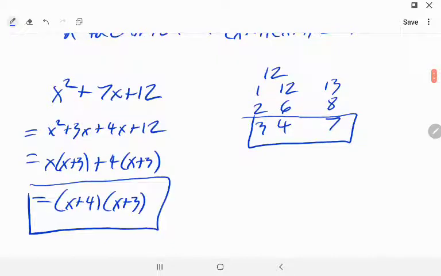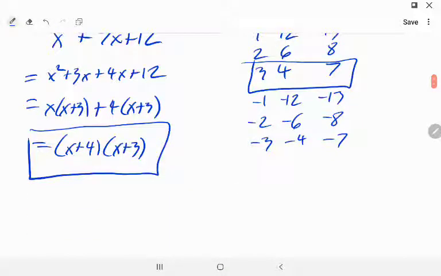So we notice that with 12, we had a choice of 13, 8, 7. We could also have done negative 1, negative 12, which would have given us negative 13, negative 2, negative 6 would have given us negative 8, negative 3, negative 4 gives us negative 7.